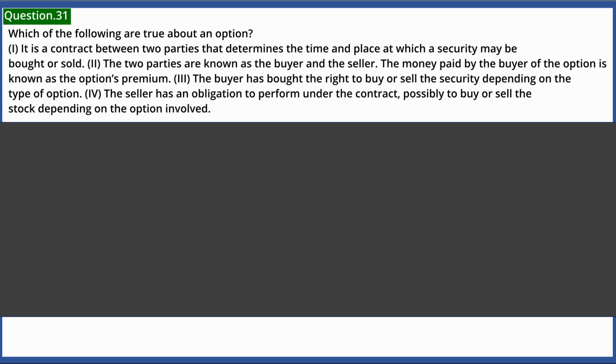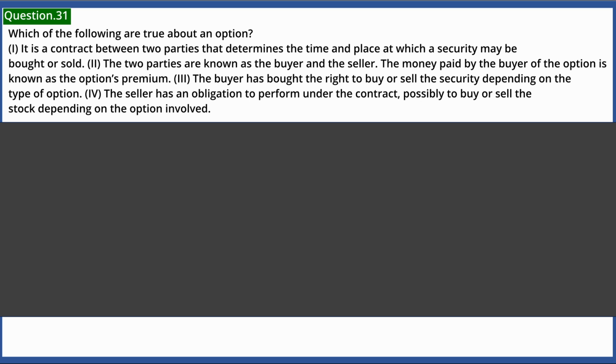Which of the following are true about an option? 1. It is a contract between two parties that determines the time and place at which a security may be bought or sold. 2. The two parties are known as the buyer and the seller. The money paid by the buyer of the option is known as the option's premium. 3. The buyer has bought the right to buy or sell the security depending on the type of option. 4.